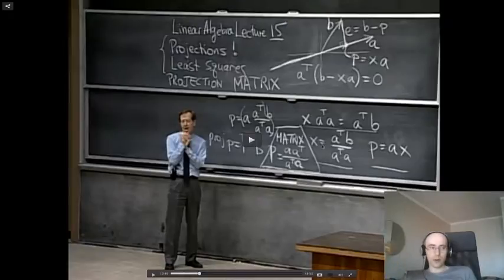This is a rank 1 matrix. Am I correct? This is a combination. So A times A transposed is what? It's a combination of rows, correct? No, it cannot be that.